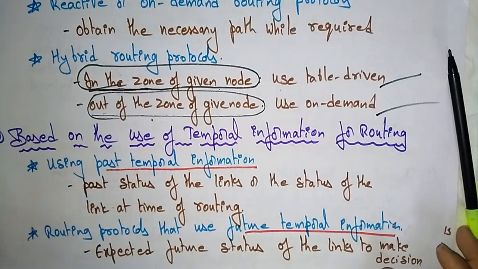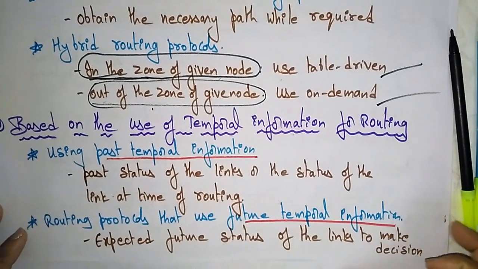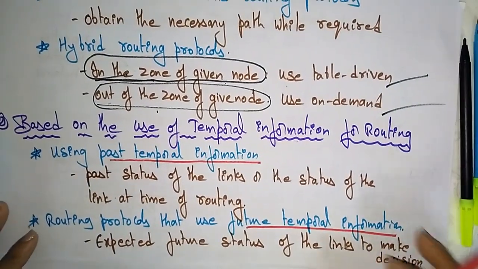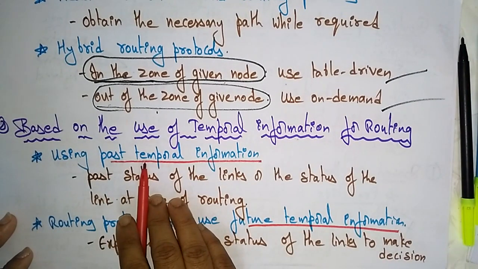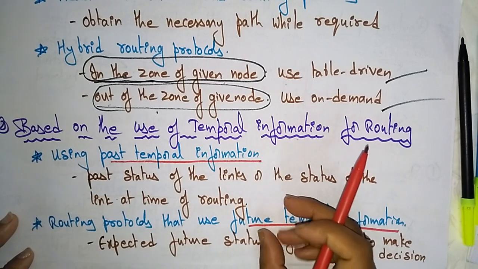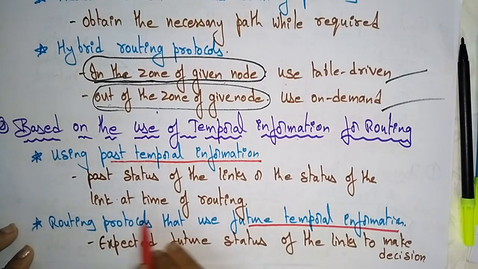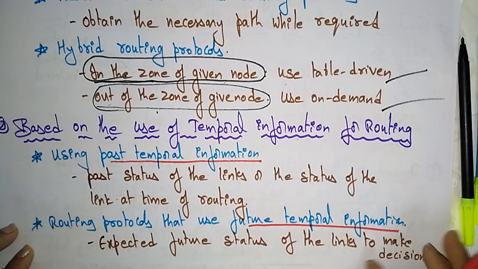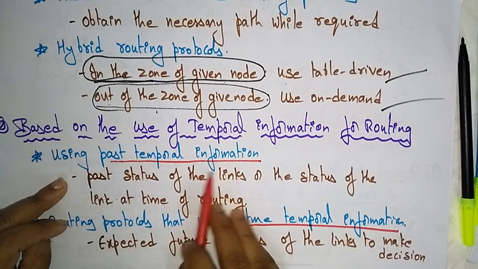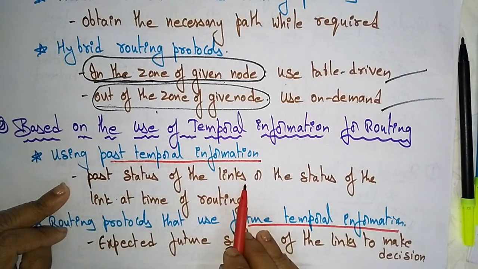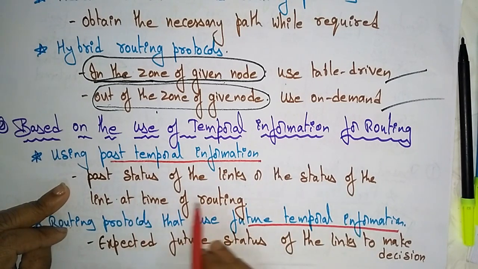So this temporal information for routing maintains three types of information. One is past temporal information, based on which the path will be selected, and the other is the routing protocol that uses future temporal information. Now let's see using the past temporal information: the past status of the links for routing.